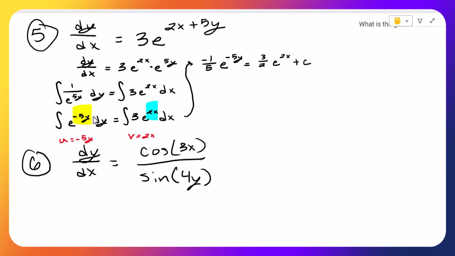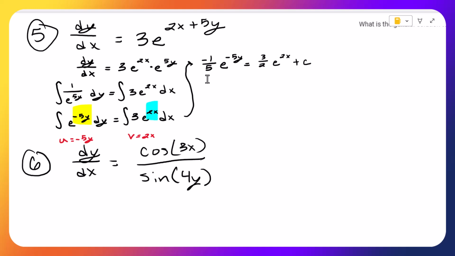Hopefully you caught that and you were able to do it. But you do your substitution. The antiderivative of this, negative 1 over 5 e to the negative 5y, is equal to 3 halves e to the negative 2x, e to the 2x plus c. Okay, and now from here, the first part should be clear. We're going to multiply by negative 5 on both sides.